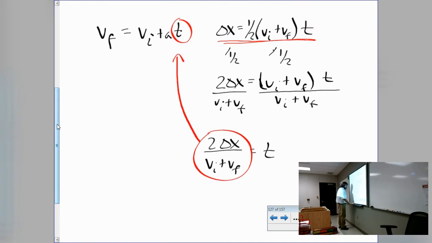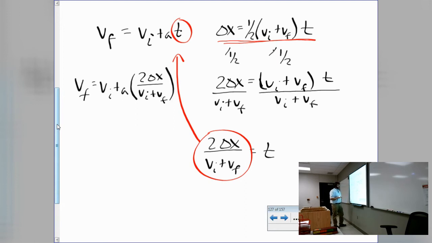my equation on the left, my first equation that we derived, and then I'm going to start to simplify, which does take a little while for this one. Velocity final equals velocity initial plus acceleration times 2 delta x over velocity initial plus velocity final.